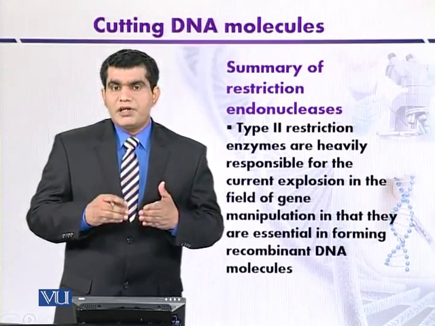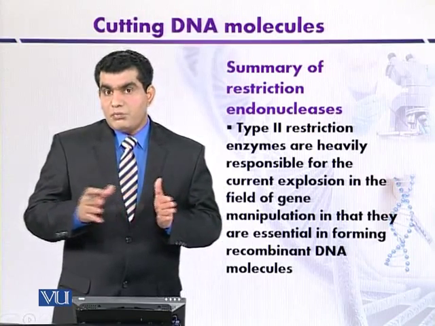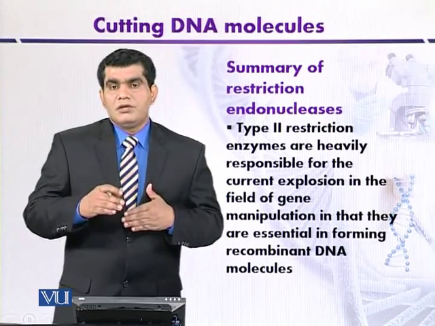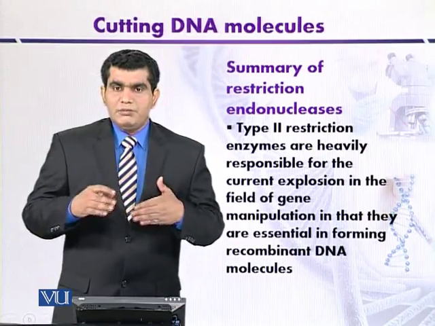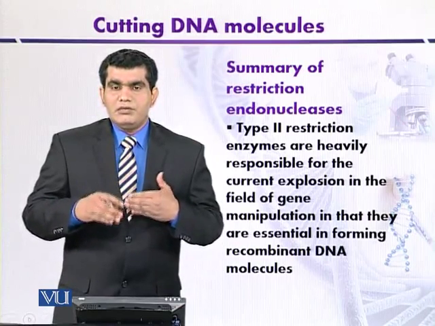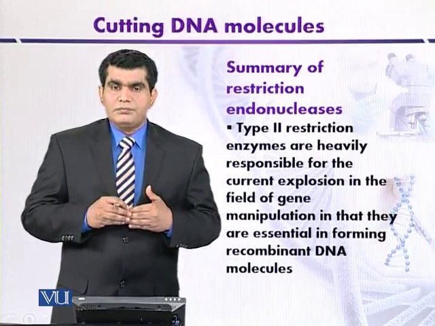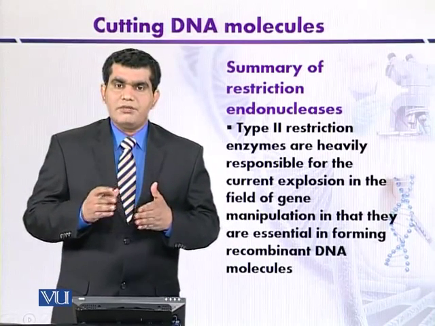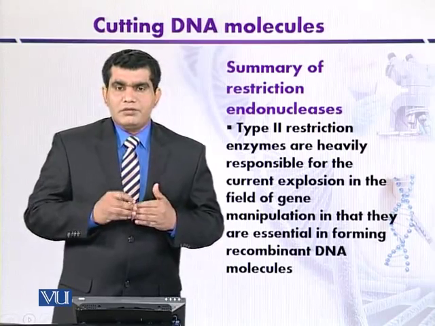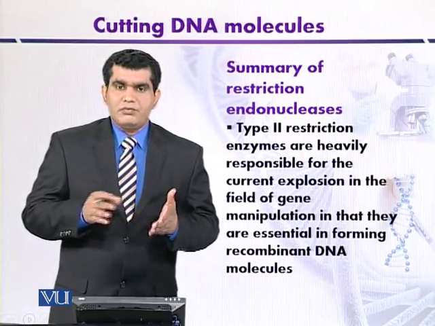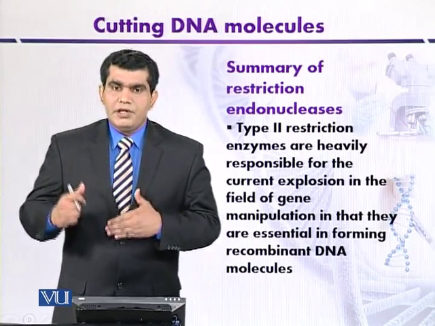So if the recognition sequence has more bases, the DNA fragments that will be produced have more length as compared to those having a low number of nucleotide bases, like 4 as compared to 8.